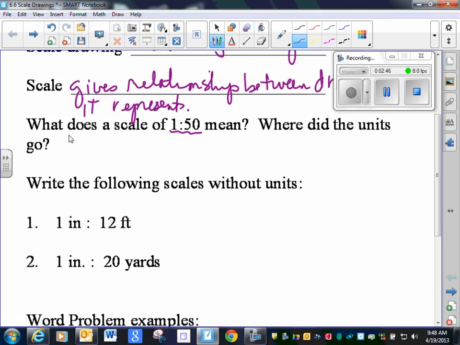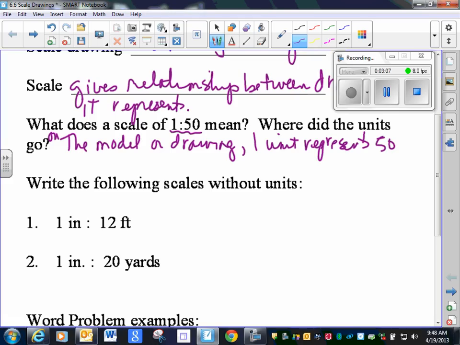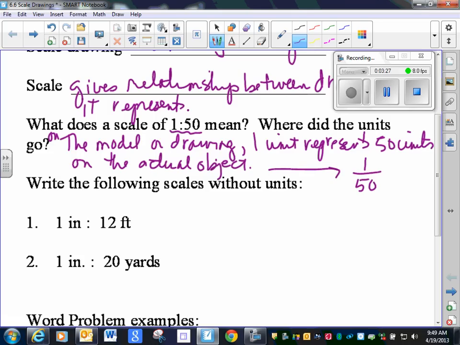Well, it means that on the model or drawing, 1 unit represents 50 units on the actual real-life object it represents. And we can write that proportionally. We can write that 1 to 50, just like that.